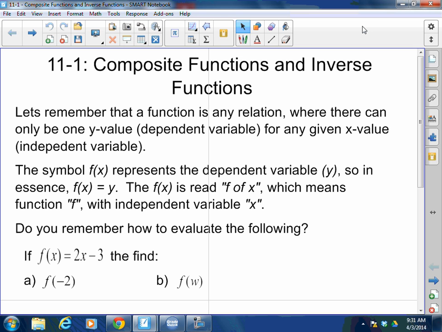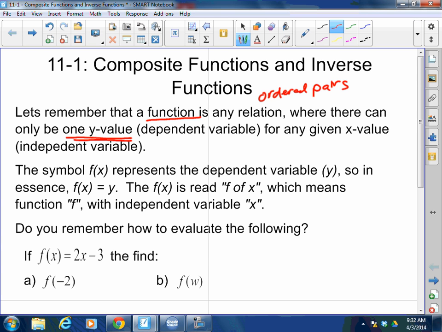Before I get to the composite function, I want to have just a little bit of a review on function operations. Let's remember that a function is any relation. Remember, a relation is just a set of ordered pairs. A function is any relation where there can be only one y value.